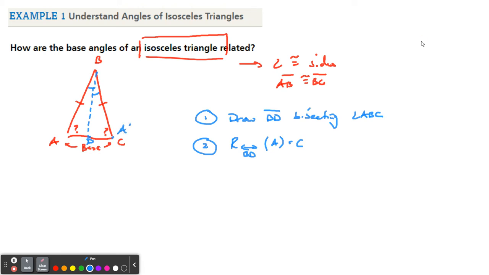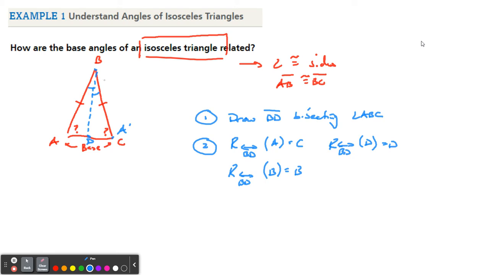It folds on top of it. The same thing happens with B and D. If I reflect point B across line BD, I get B itself, the exact same point. And D is also on that line, so it's itself, D.